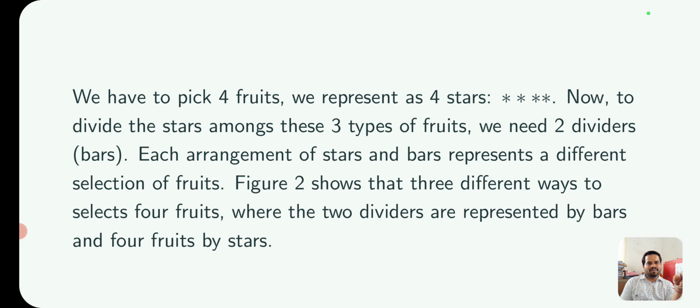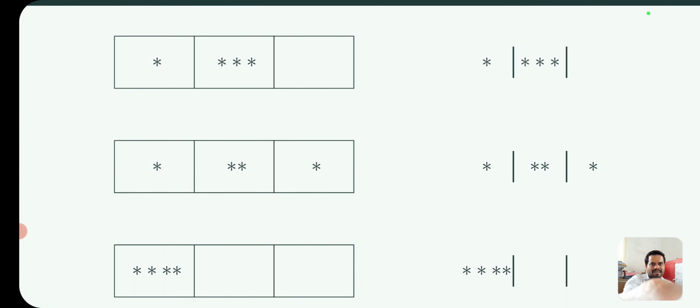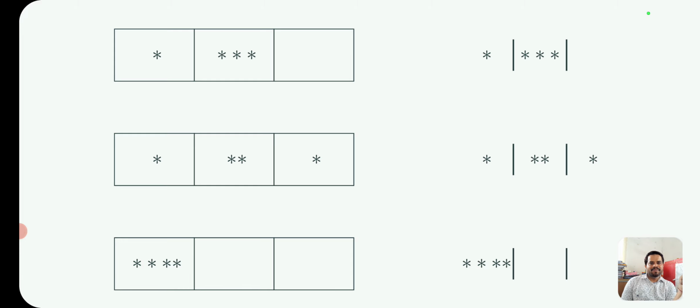So each arrangement of stars and bars represents a different selection of fruits. So see here this second figure, so you can clarify the concept. If you observe here, in the first box there is only 1 star, and in the second box there are 3 stars. So it means that 1 star is for apple, so you select only 1 apple. 3 stars in the second box means that we select 3 oranges, and the blank box means we need not select any fruit from this box, so you cannot select banana.